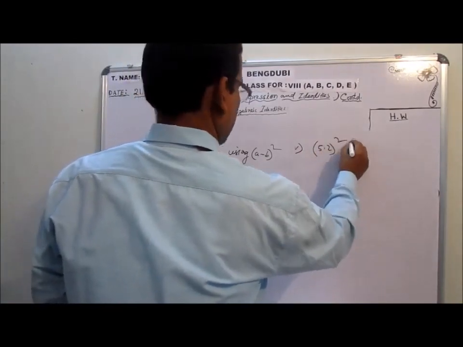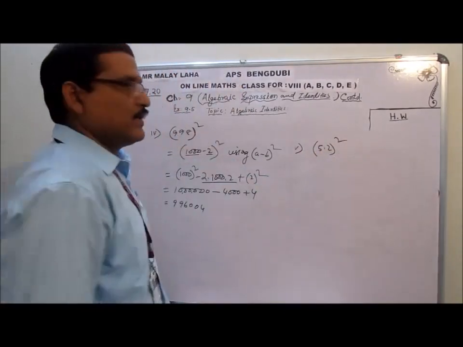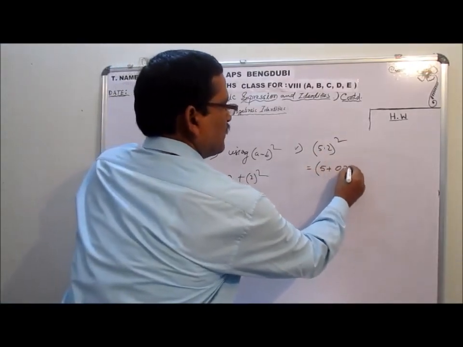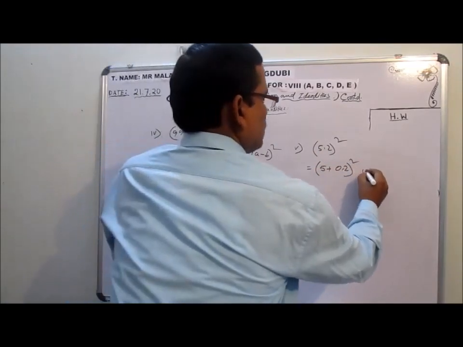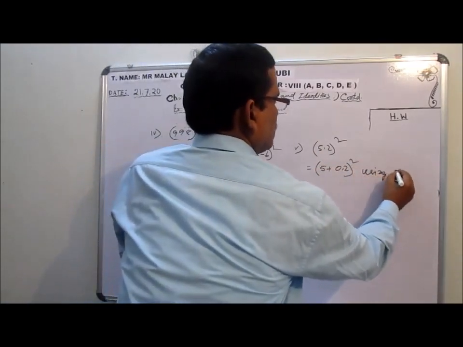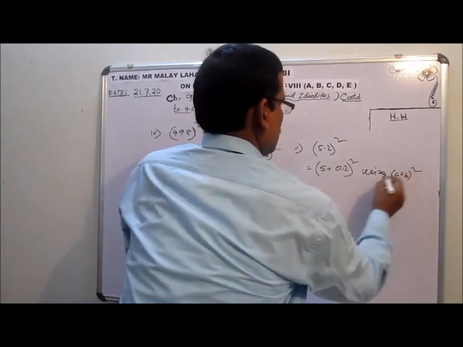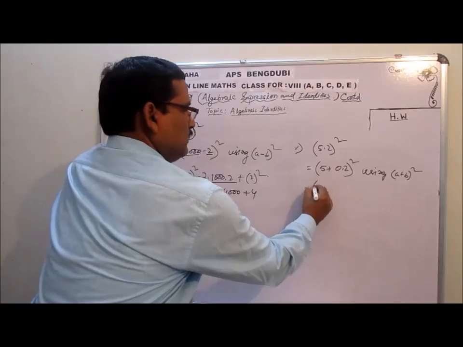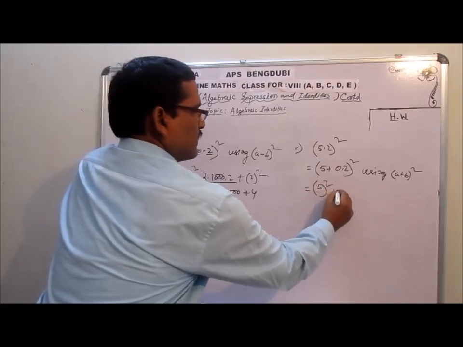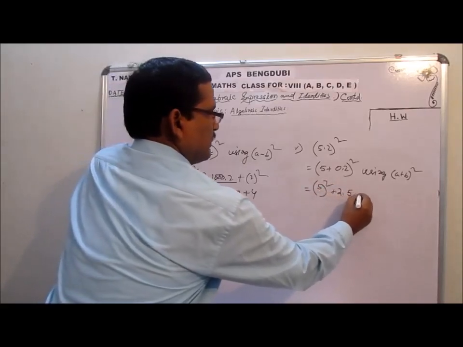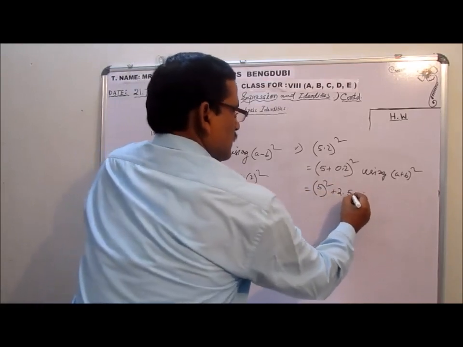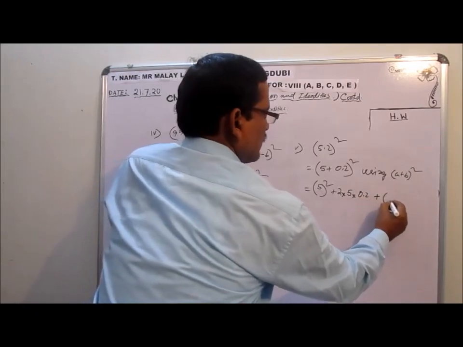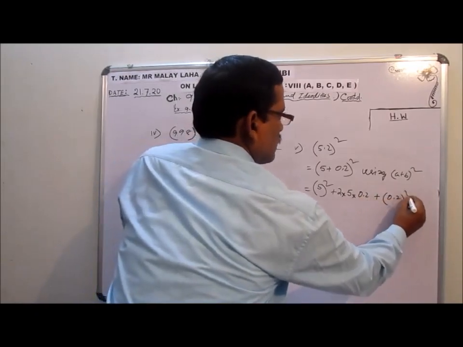Minus 5.2 whole square. How can I write 5.2 whole square? I can write 5 plus 0.2 whole square using (a plus b) whole square. So 5 is the a, 0.2 is the b. A square plus twice a times b plus b square: 5 squared is 25, plus 10 (2 times 5) times 0.2, plus 0.2 whole square.